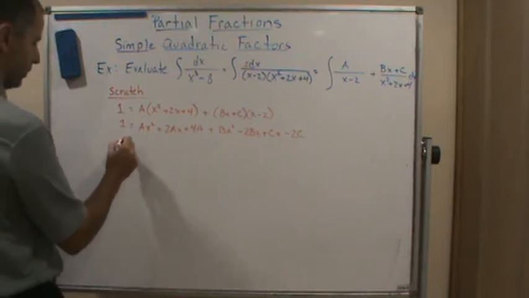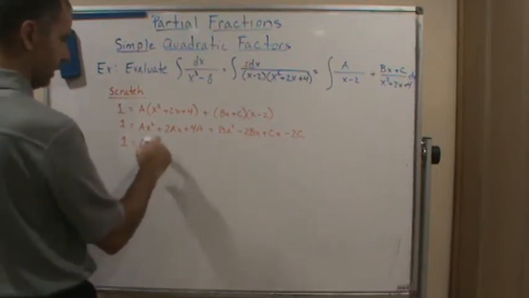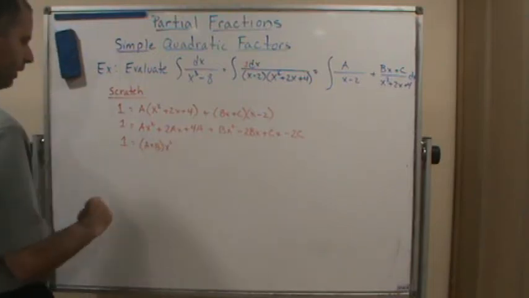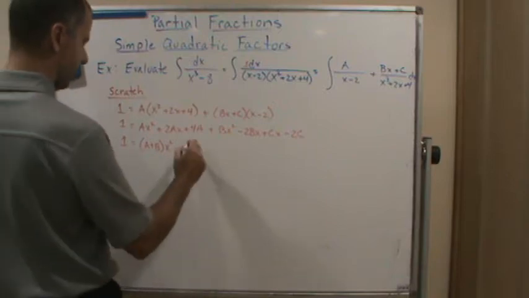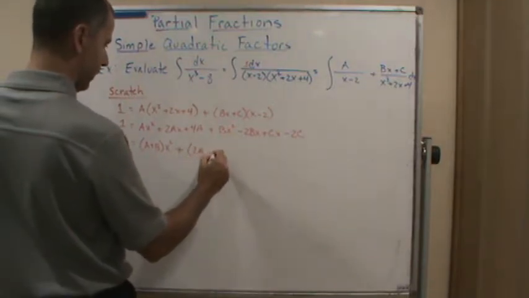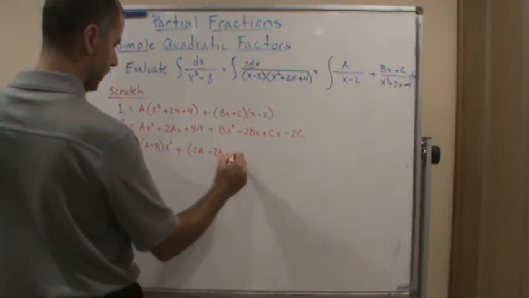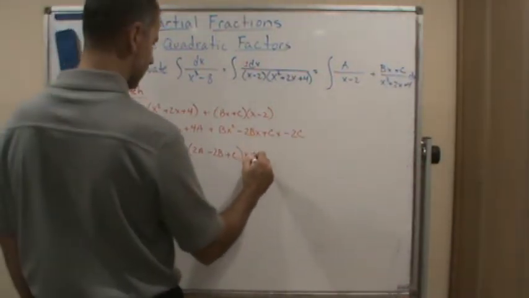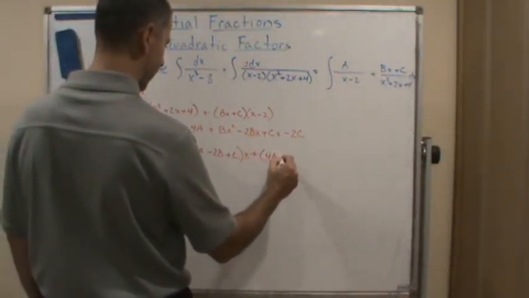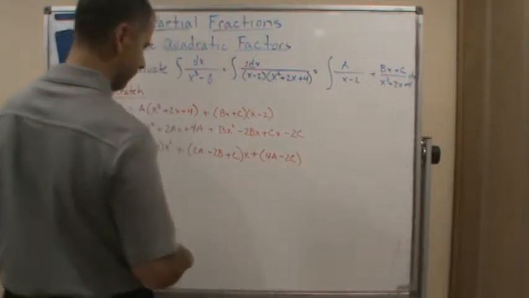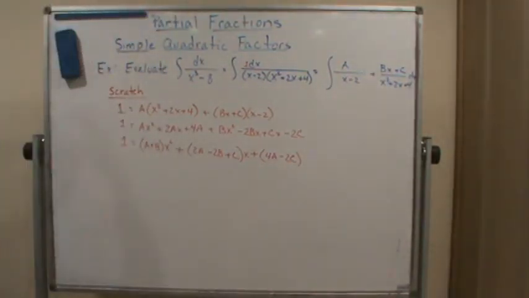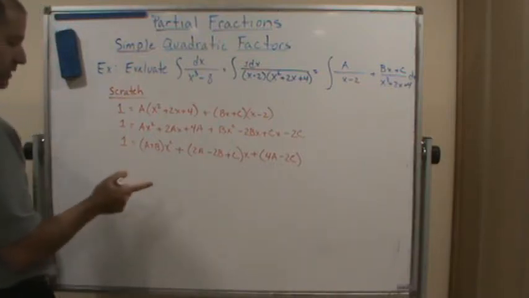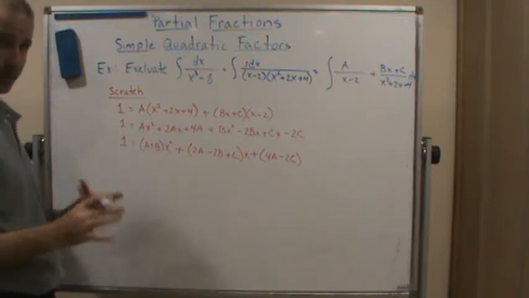And so now I get 1 equals A plus B times x squared, plus 2A minus 2B plus C times x, and then I've got the quantity 4A minus 2C. Now I just put them in parentheses to group them. Since I've got a 1 here, I don't have any terms with x's in them.